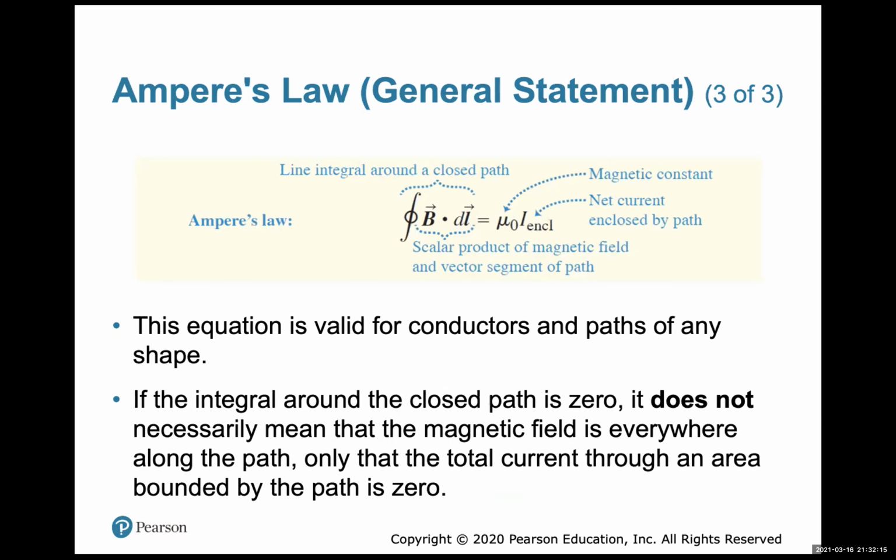Just like Gauss's law, if the net flux is 0, that doesn't mean that the field is 0. It just means that the net flux is 0. Same story here. If the net circulation is 0, that doesn't mean that the magnetic field itself is 0, only that there is no net current passing through the plane bounded by the loop.